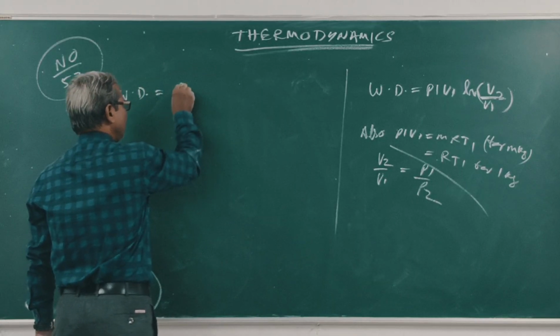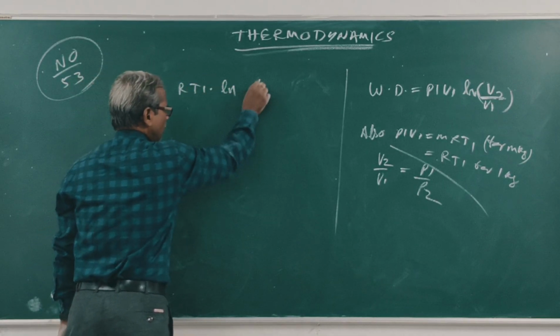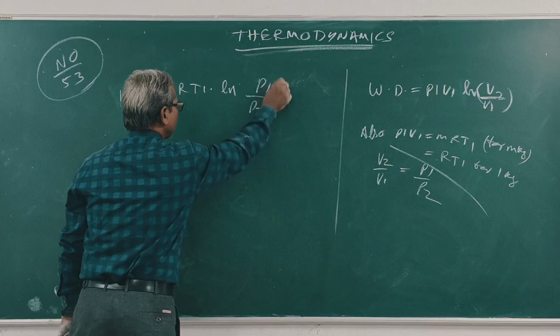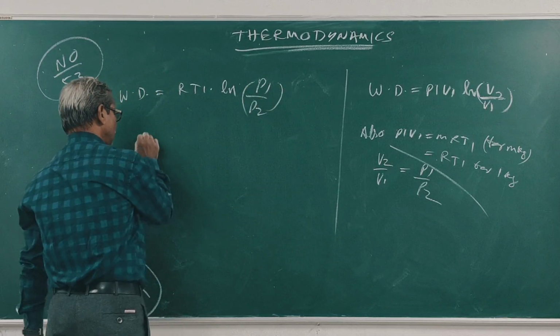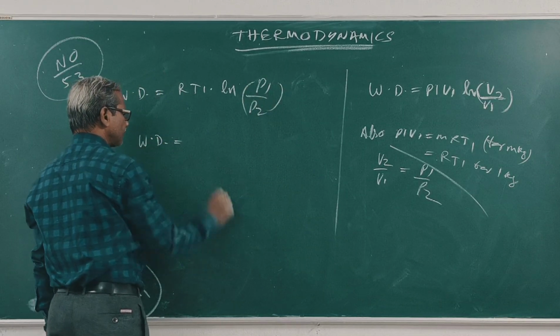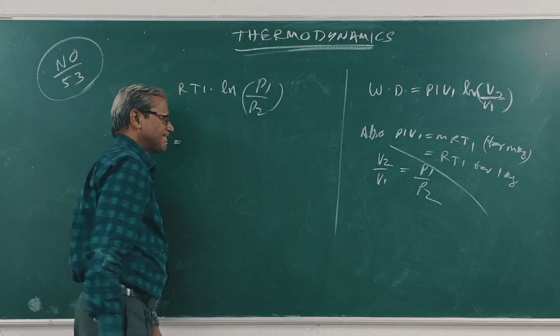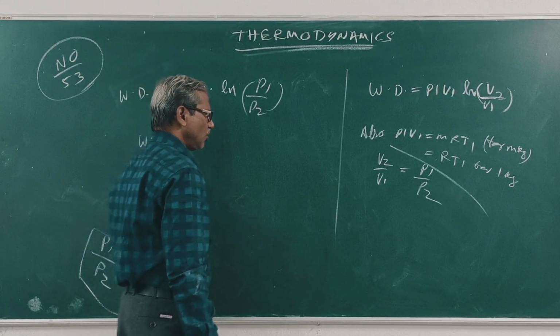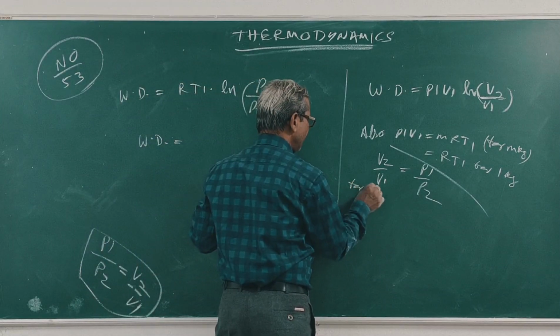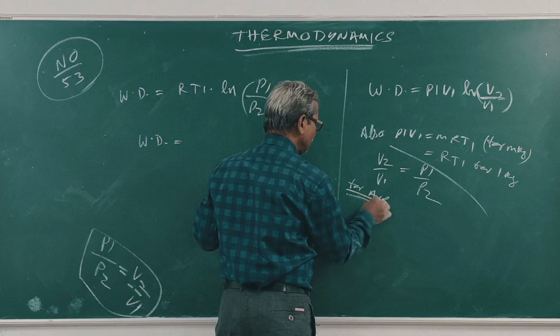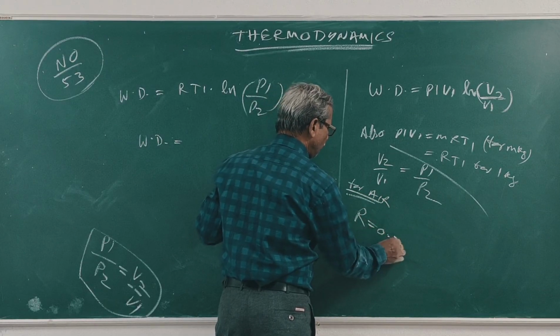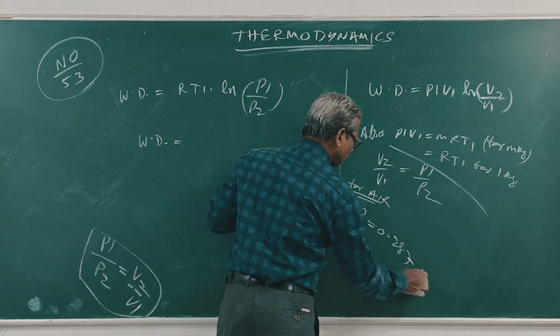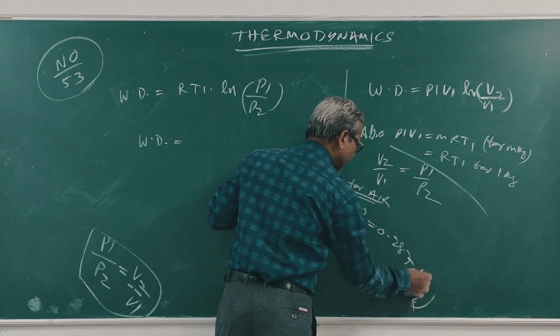This is R T1 ln (P1 by P2). What is R for air? R is equal to 0.287 kilojoule per kg Kelvin.